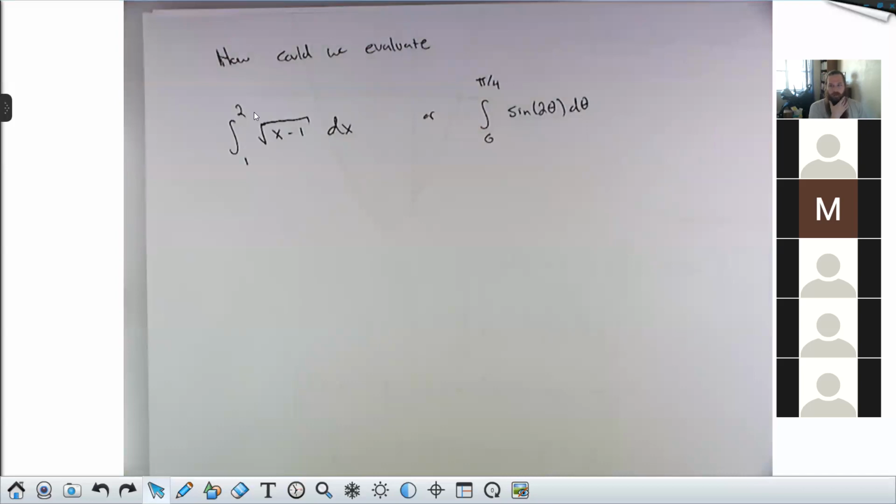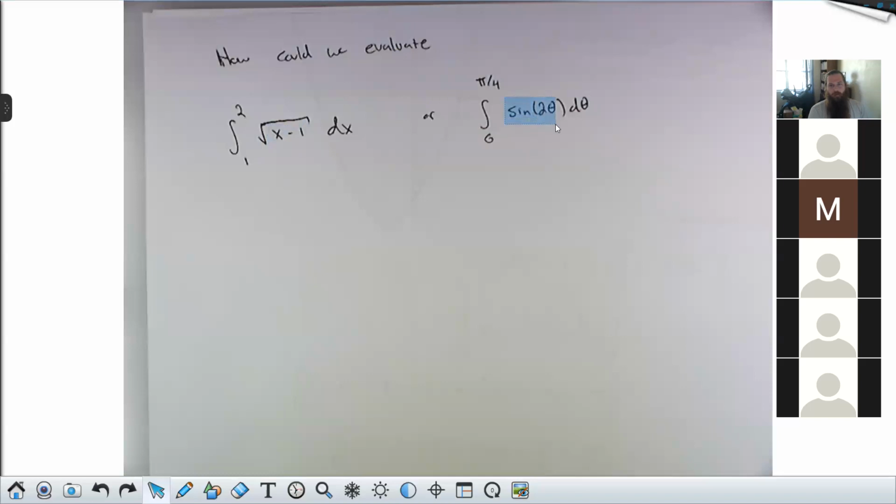Starts with a C. Composite. They're composite functions, right? If this was just the square root of x, I know what to do with that. That's x to the 1/2. But square roots don't distribute. This is not x to the 1/2 minus 1 to the 1/2. That never works.